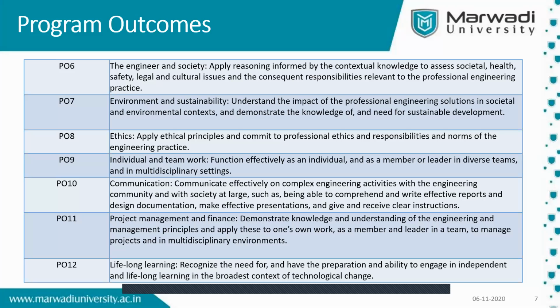Next, we map program outcome 9, which is regarding individual and teamwork. For example, all of you are from the computer branch. After four years of engineering, when you work as a developer and have to make any Android application or website or software, you have to work in a group, which means teamwork.